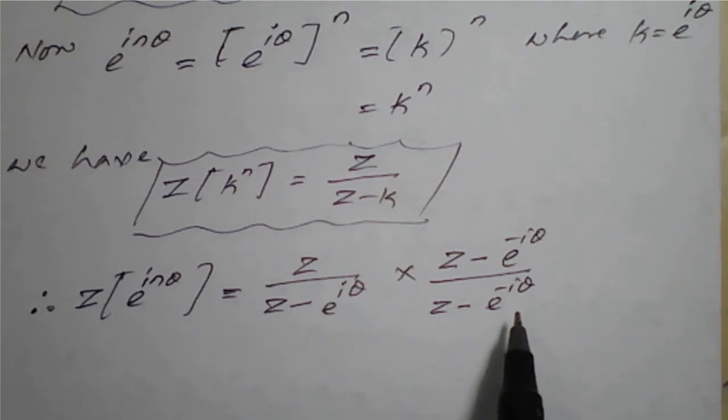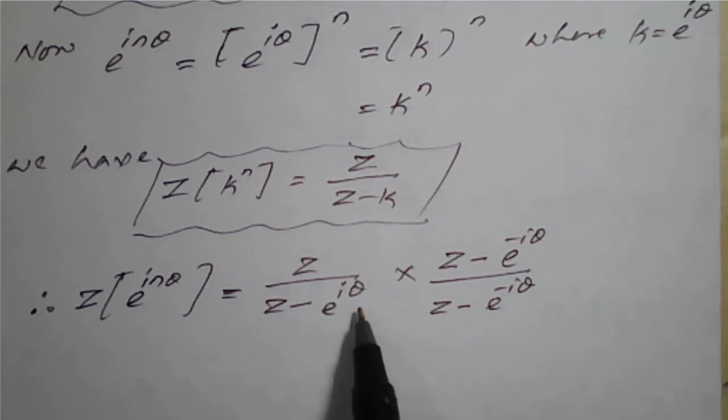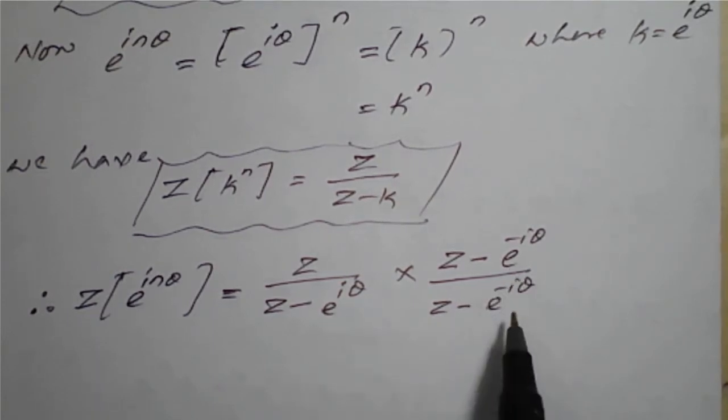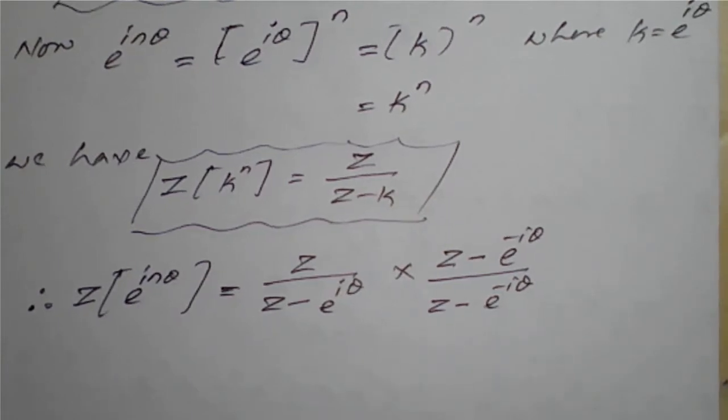So we'll take the rationalization, not by separation. Here i theta is there, so we'll take e raised to minus i theta to simplify in the easiest way.